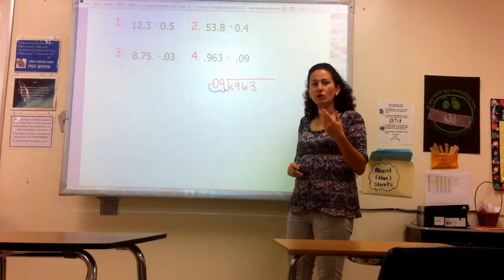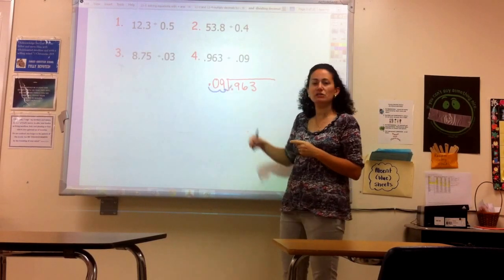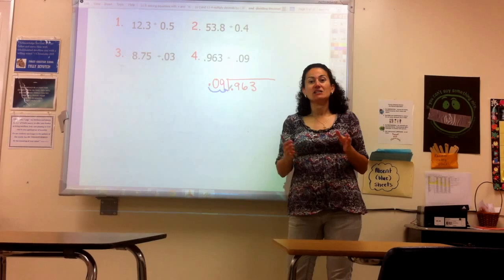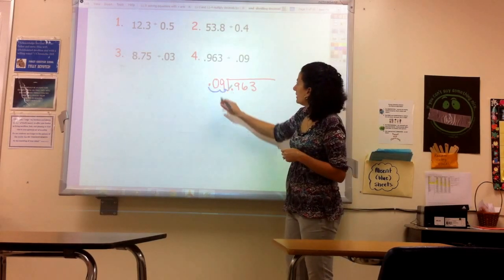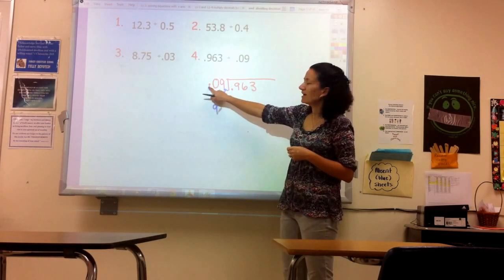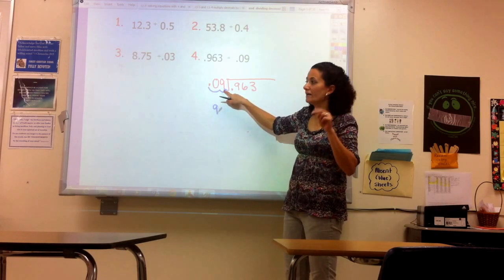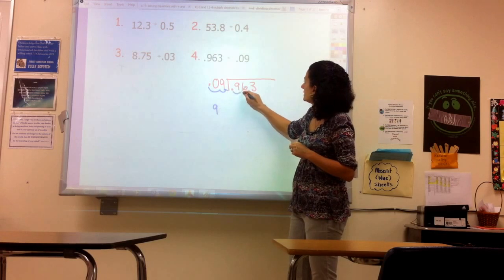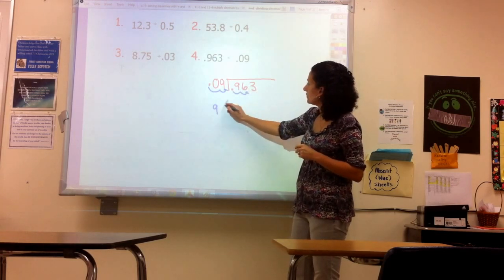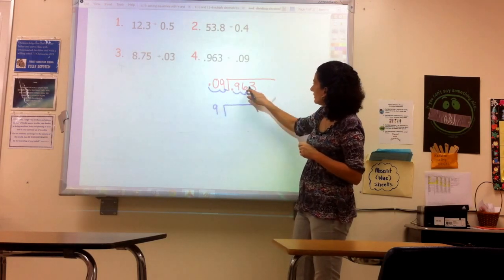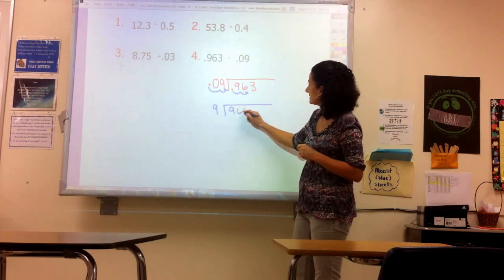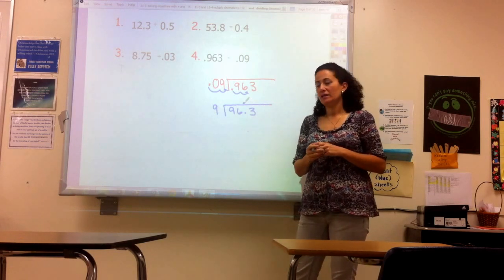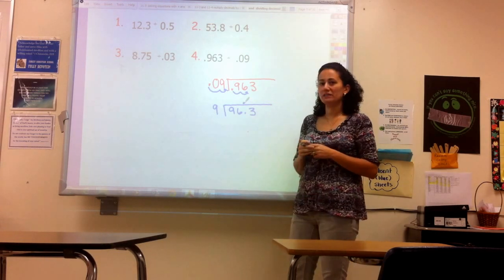It's not 2 times always, it's however many digits you need to move to get to the end of the number. We want the number we're dividing by to be a whole number. So this becomes 9. Because I moved this decimal 2 times, I'm going to move this decimal 2 times. 1, 2. In this example, our dividend becomes 96.3. So our decimal lines up in the number we're dividing by, and then we divide as usual.